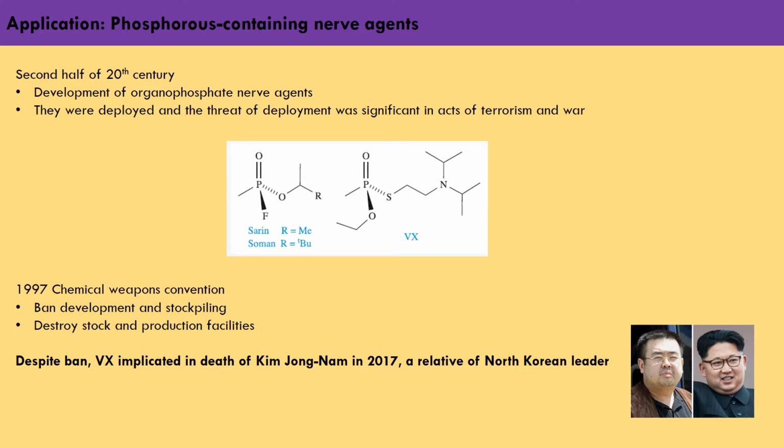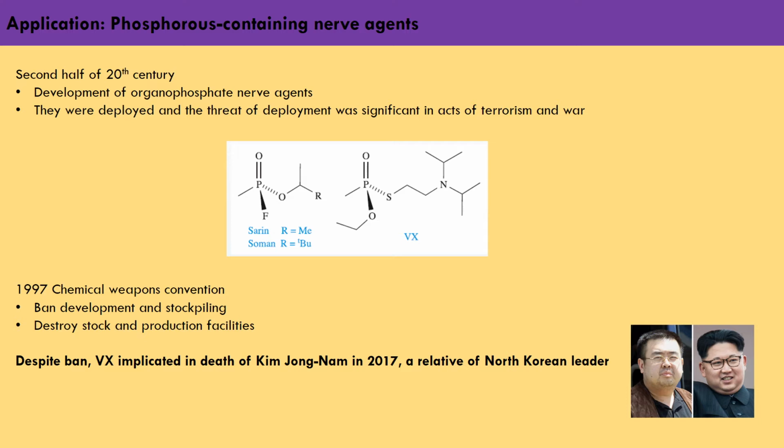And countries were ordered to destroy stock and production facilities. But there has been a recent news story surrounding VX, which is the molecule you see on the right-hand side there.